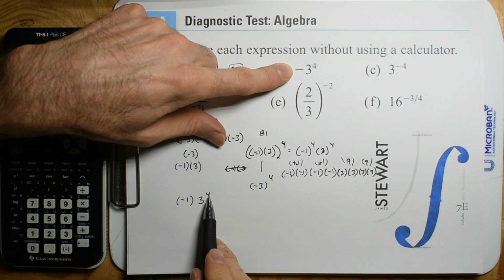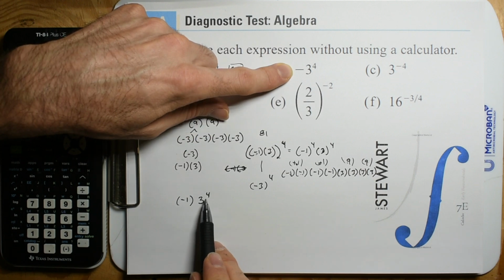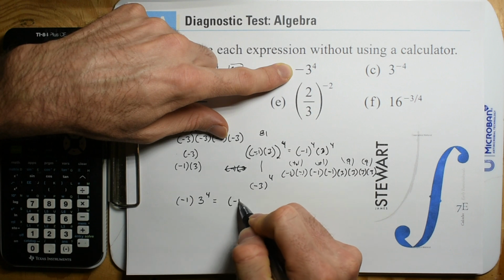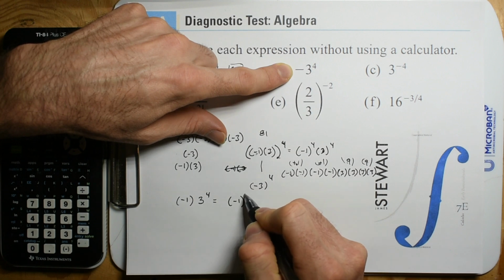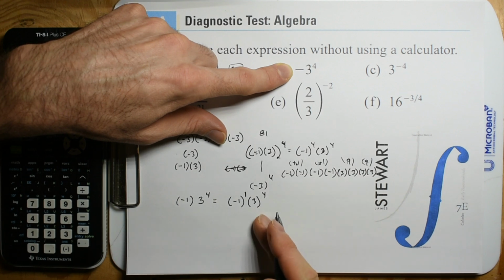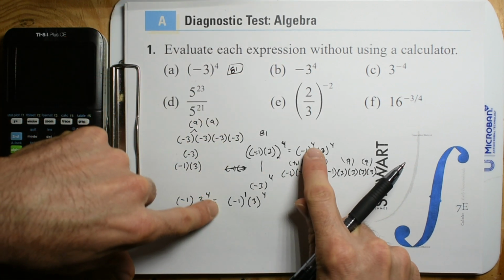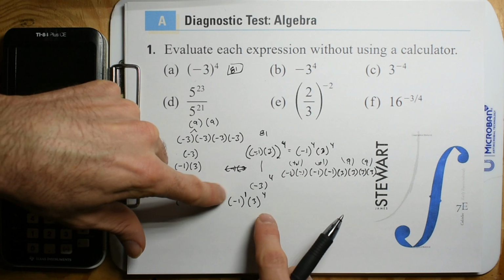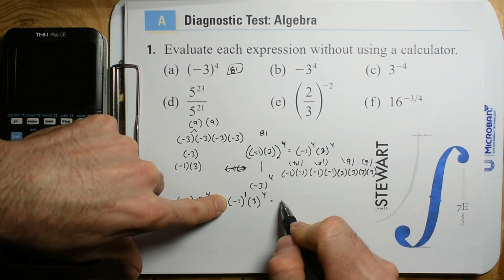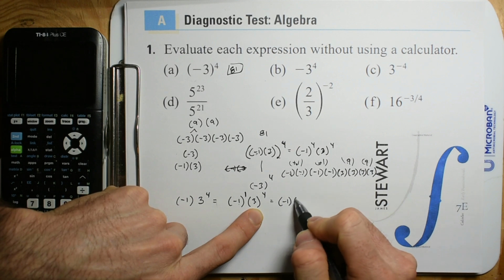So this exponent of 4 is only on this 3. If we wrote this as a product, it would be negative 1 to the 1 times 3 to the fourth, where the other was negative 1 to the fourth, 3 to the fourth. So that's the big difference here. And so, negative 1, we're just going to have one of those, and then we're going to have 3, 3, 3, 3.